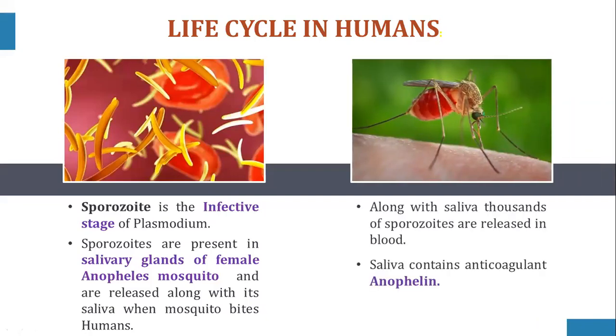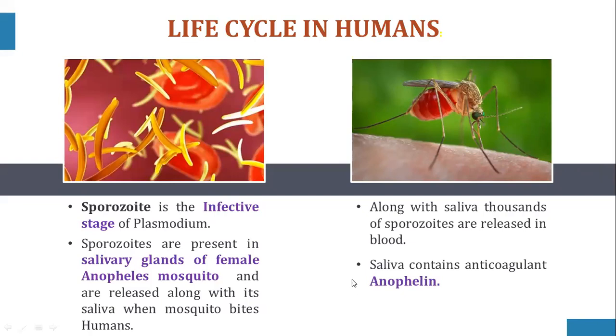Along with saliva, thousands of sporozoites are released into the blood. The saliva contains an anticoagulant, anaphylin, as a result of which blood moves easily through the human skin into the female Anopheles mosquito. Because of this fluidity, these sporozoites easily enter the human blood.